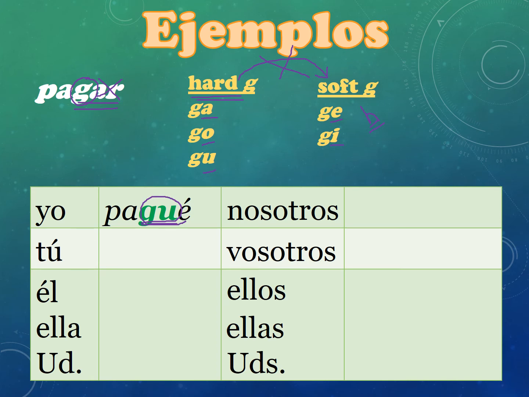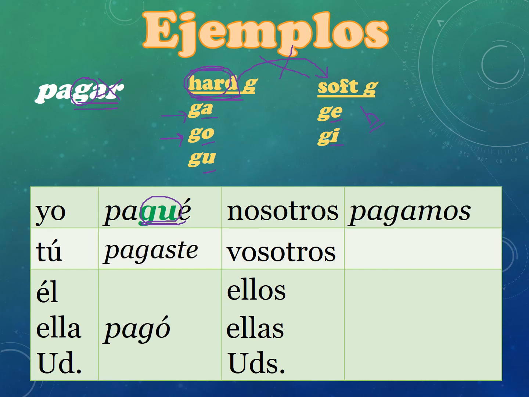If we don't have that U in there, we have to pronounce it pahé, which is not the same thing. But again, we have A and O for the rest of our endings, so we stay in the hard format, which is fine. So the rest of the forms are fine. Pagaste, pagó, pagamos, pagasteis, pagaron.